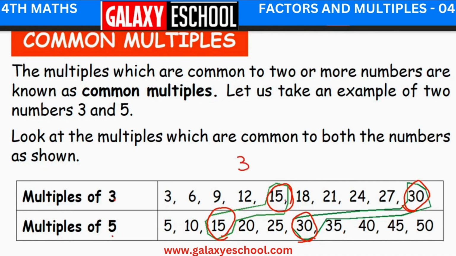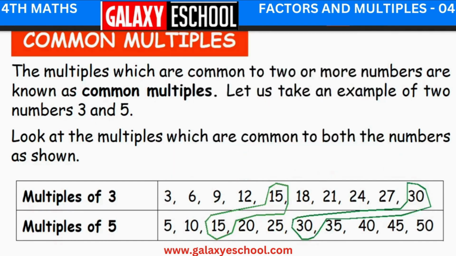See, 3 5s are 15. Yes or no? So 15 becomes the common multiple of both 3 and 5. Okay, now when we multiply it with 2, 15 2s are 30. So 30 becomes a common multiple of 3 and 5 as well.